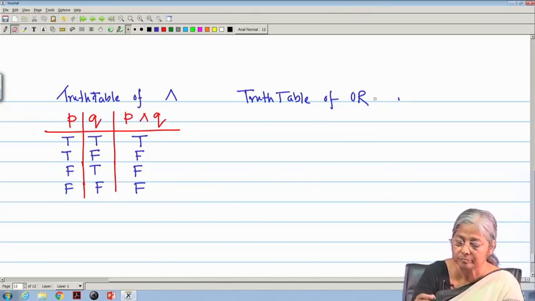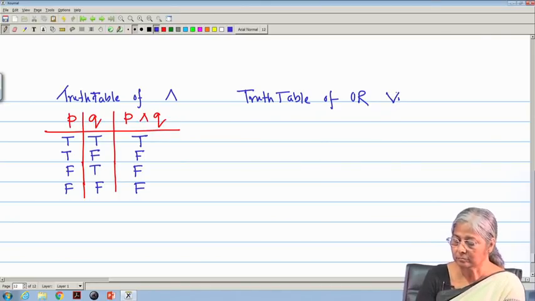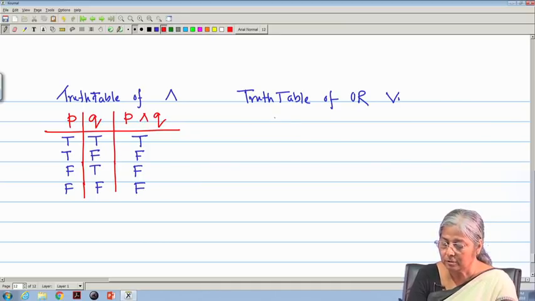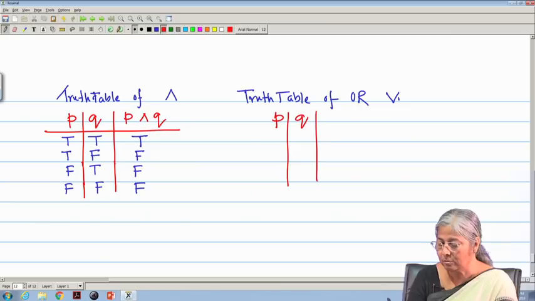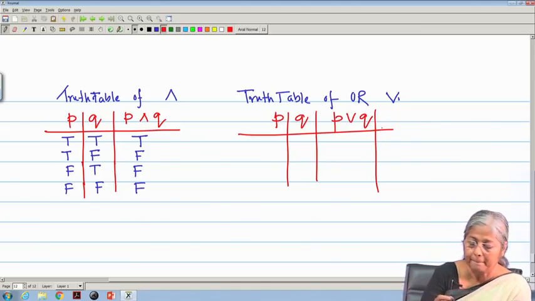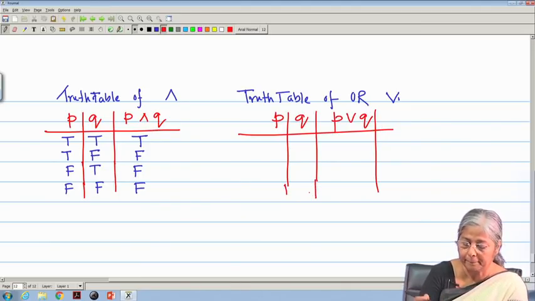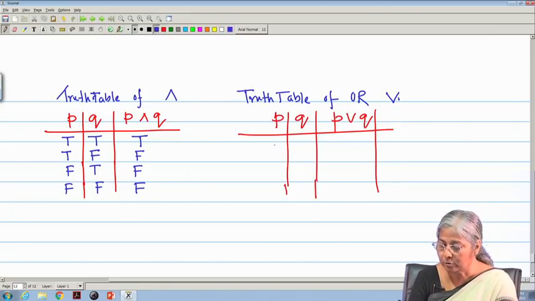I can draw the truth table with P, Q, P or Q. If both are true, then it is true.